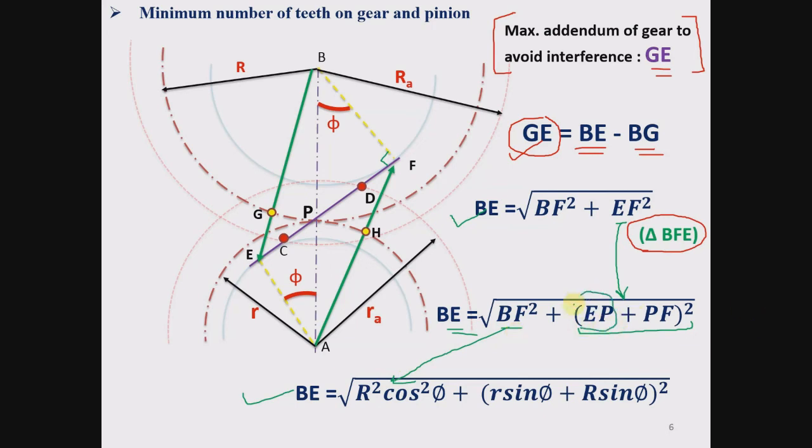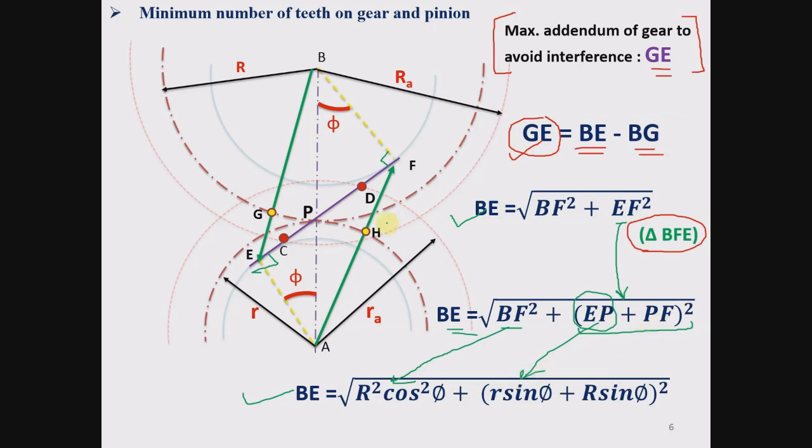And what is EP? Can anyone tell what is EP? From triangle EPA, from this right angle triangle EPA, which is right angle at E, R sin of phi. Because AP is R and this angle is phi at A, so you can write R sin of phi for EP.